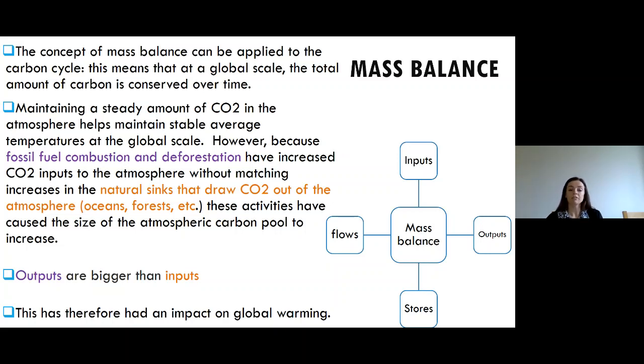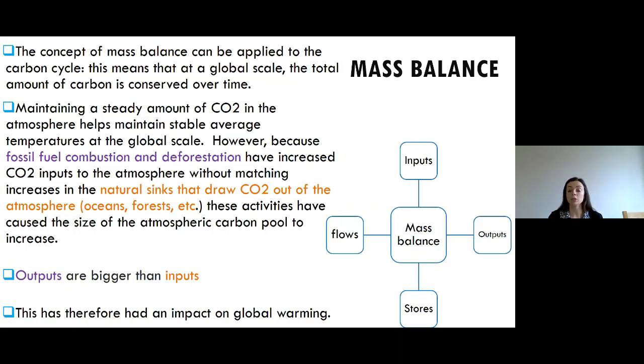However, because fossil fuel combustion and deforestation have increased CO2 inputs into the atmosphere without matching increases in the natural sinks that draw CO2 out of the atmosphere, these activities have caused the size of the atmospheric carbon pool to increase. So as good geographers now, you will quantify that.